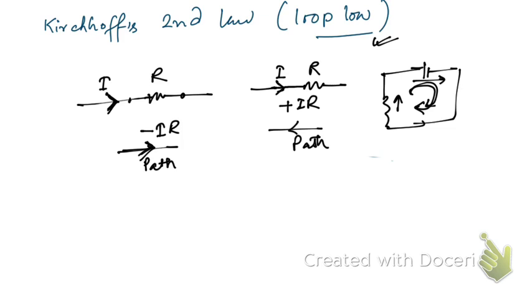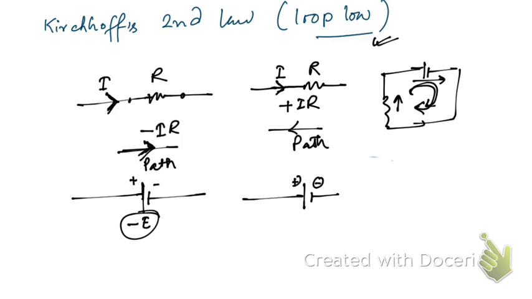Now suppose we have a cell with EMF E. If the path goes from the positive terminal to the negative terminal, the EMF is taken as negative, since it is higher to lower potential, a potential drop. If the path goes from the negative to the positive terminal, the EMF is taken as positive, a potential gain. Hope you have understood this.